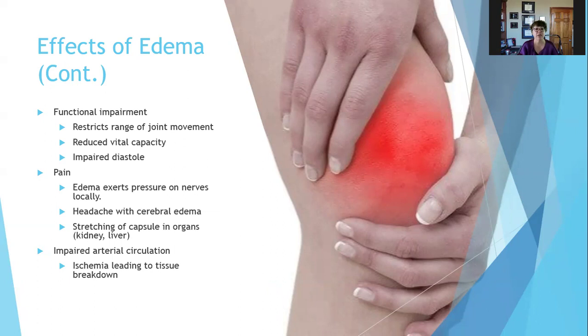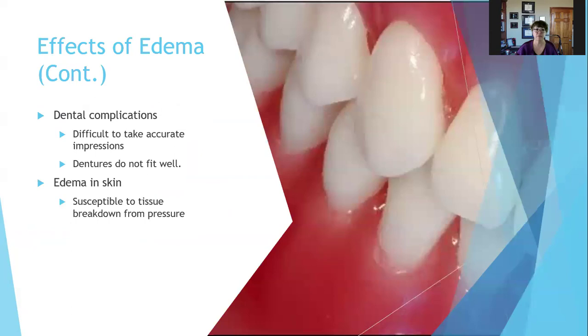Edema can also cause impaired arterial circulation, which can lead to tissue breakdown through ischemia, because if you have impaired arterial circulation, you're not getting oxygen to the area. So from relatively harmless to pretty serious effects of edema.